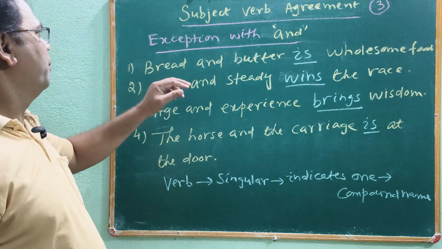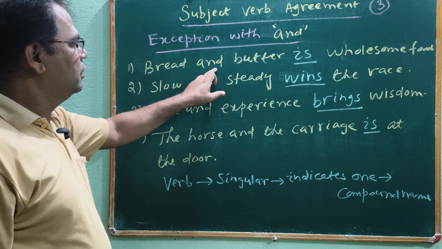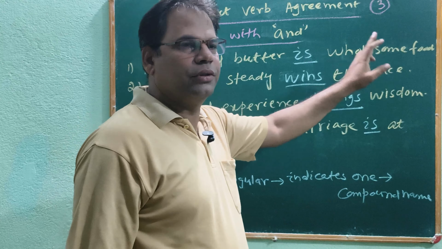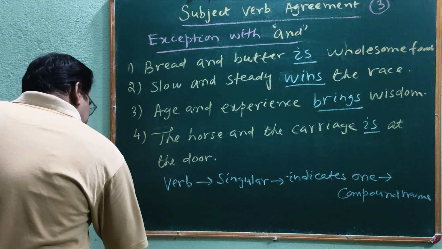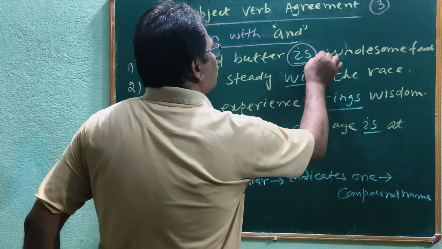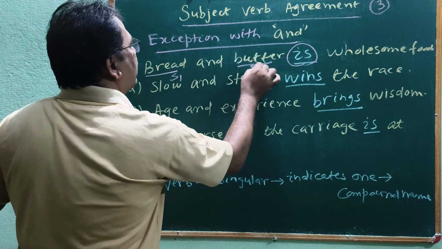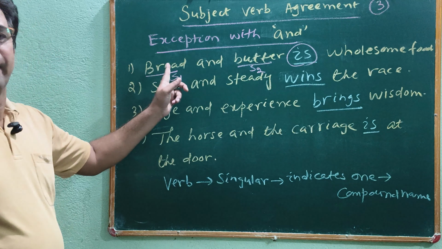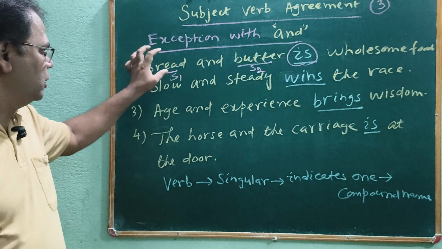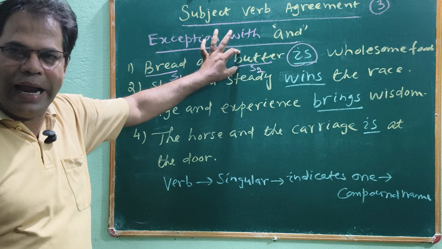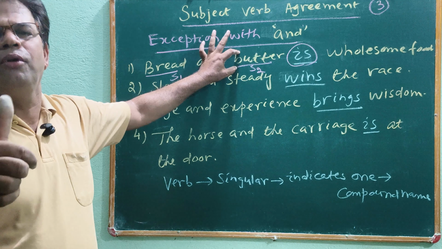See the interesting thing. Bread and butter is wholesome food. Here the verb is. Bread and butter, S1 and S2. In the previous class, we came to know that when two subjects are connected with and, the verb must be plural.